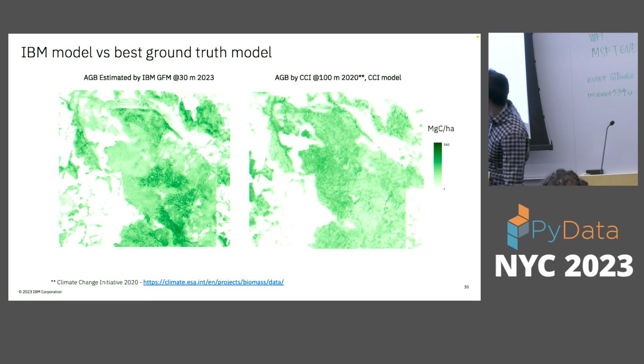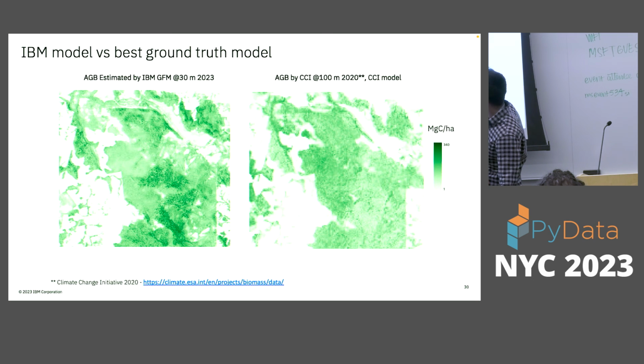But you can see that overall they tend to match, right? Like where we have high biomass and low biomass. But if you zoom in too much, you will see the differences. Here we are predicting a bit higher biomass. These guys are not doing that, right? And so there are regional differences. Here they predict a bit higher, but we predict a bit lower, right?